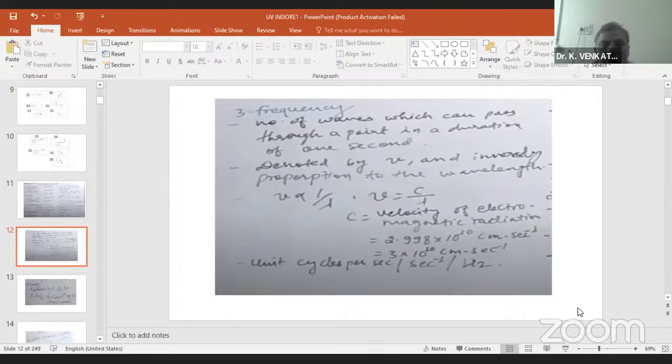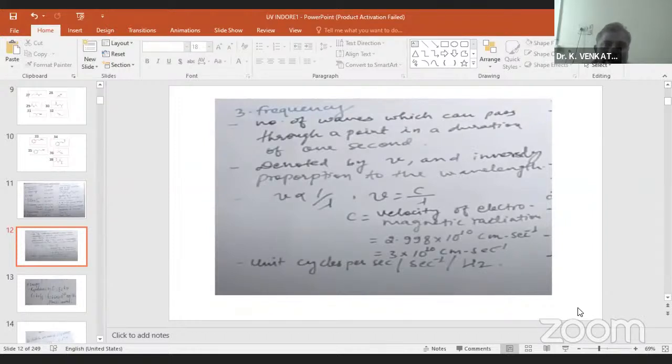So already we know mu equals c by lambda. What is c? The velocity of electromagnetic radiations, nearly 3 into 10 to the power of 10 centimeter per second. The unit of frequency is cycles per second, or hertz.